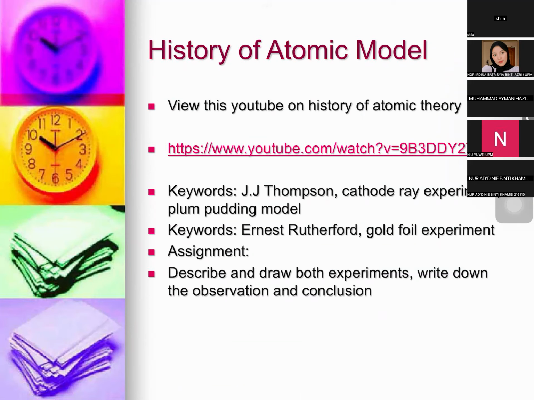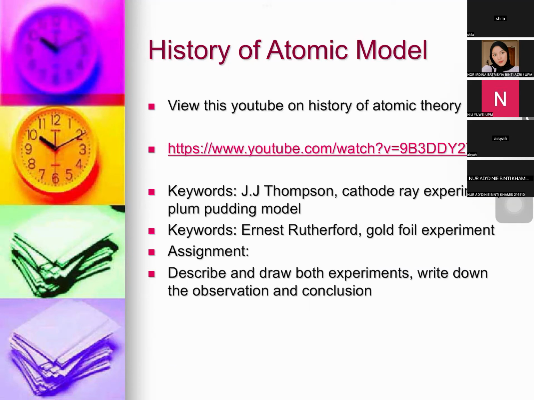So these are the key points of the history of atomic model. Before you understand the structure of atom, we need to know the history first, because the first scientist did one experiment, the second scientist did another experiment, they observed something different and then had a different conclusion.